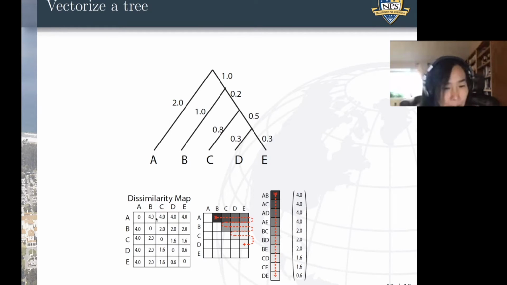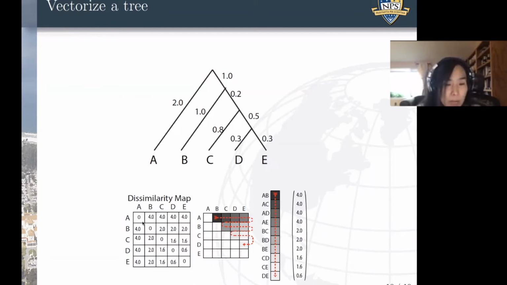For example, this AB coordinate is 4, because the distance from A to B is 2 plus 1 plus 1, that's 4. If I take this CD element, the distance from C to D is 0.8 plus 0.5 plus 0.3, that's 1.6.